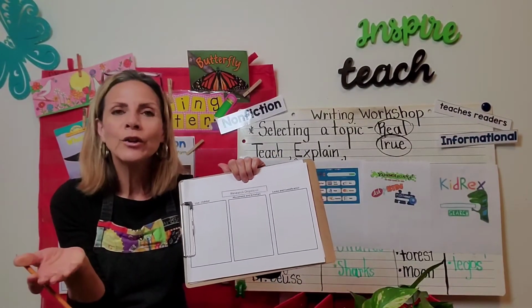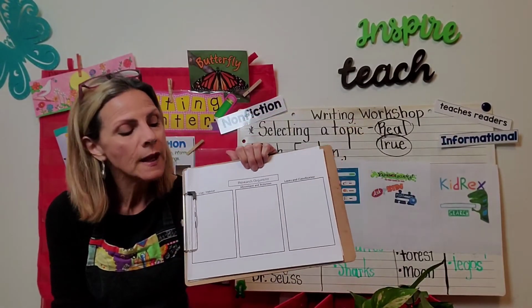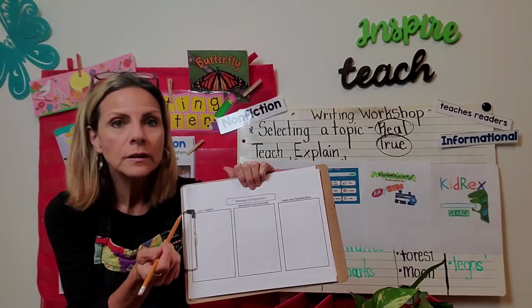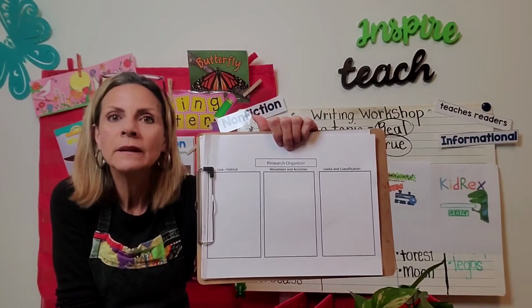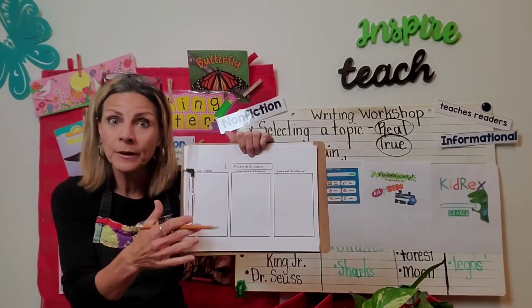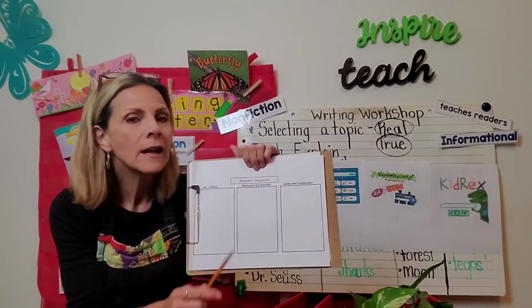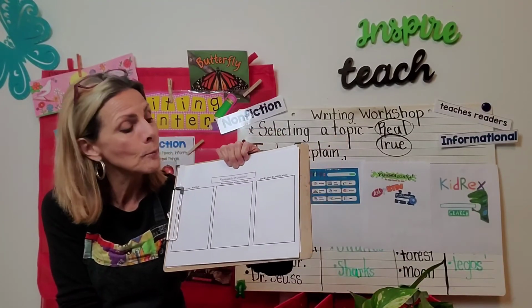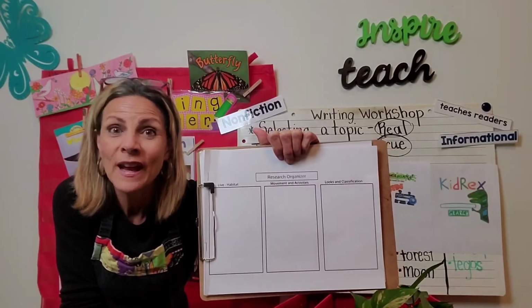So we usually, as a group, pick an animal. This one's great for animals. This box will collect information about habitats, where the animals live. They could live in many places, so we want to make a list. And then this talks about collecting facts about their movement. How do they get around? What activities do they do?